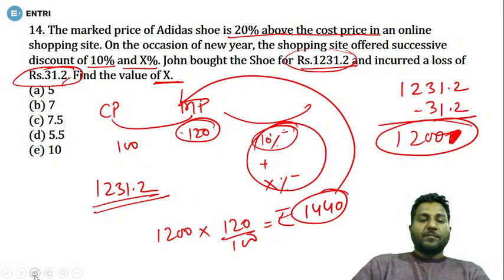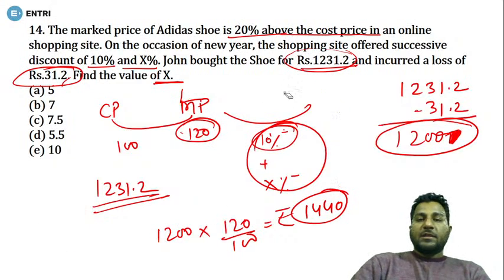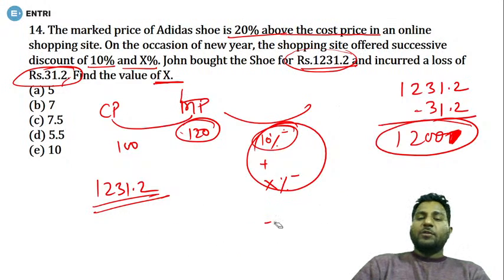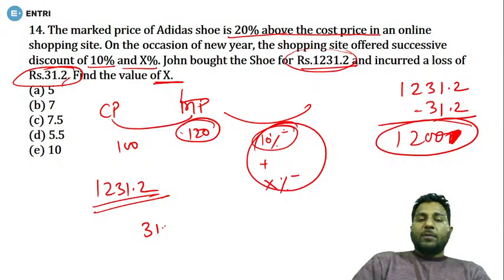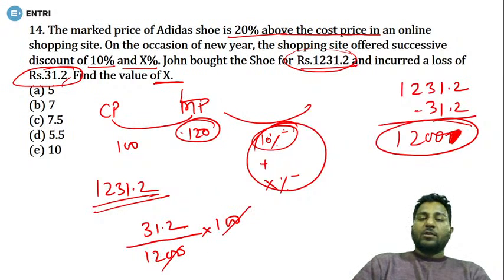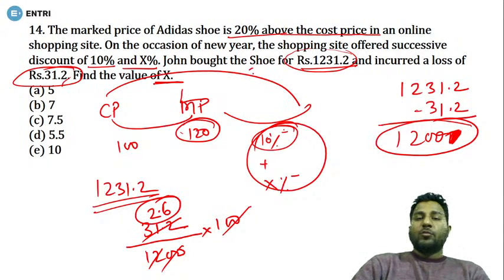So let's find out the difference. Clearly, look at this. We don't need to find the whole data. Come on, everyone. 31.2 was the clear profit on 1200. Okay, so let's figure out how much percent we have got. 12 twos are 24 and 12 sixes are 72. So overall profit is 2.6.